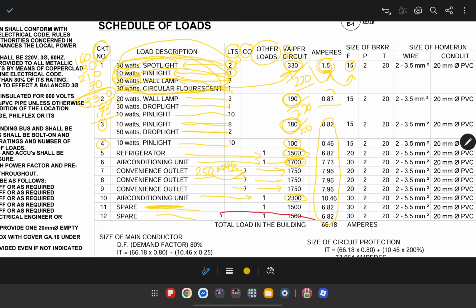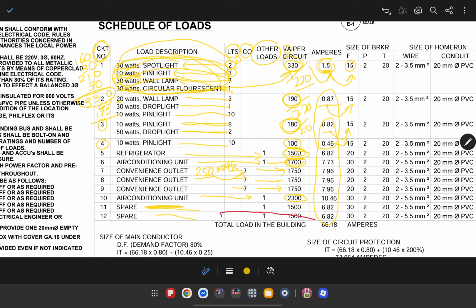Same with the rest of the lighting circuits. So for 0.87, this 15 ampere breaker should be enough. 0.82, again still the 15, 46, and then 15.